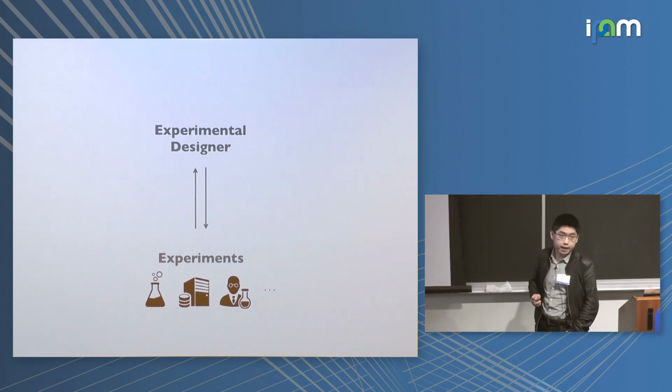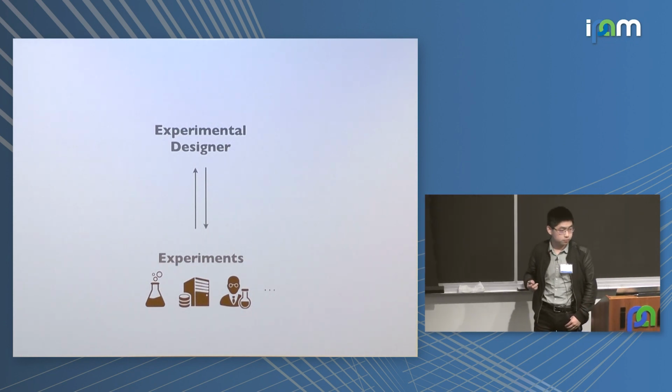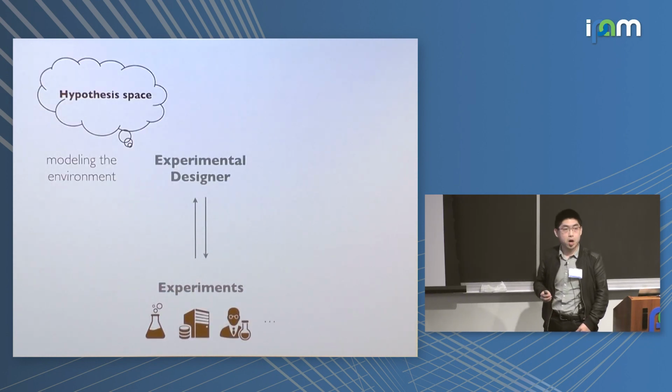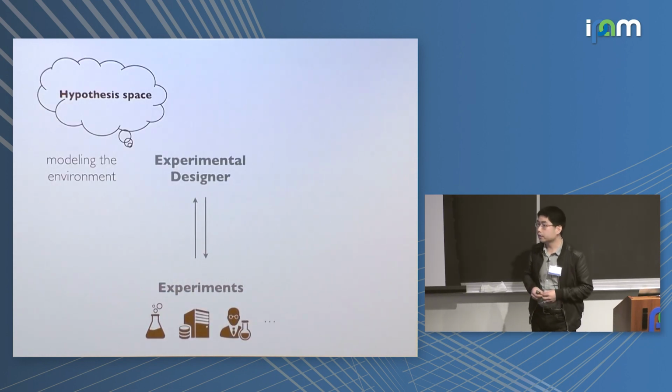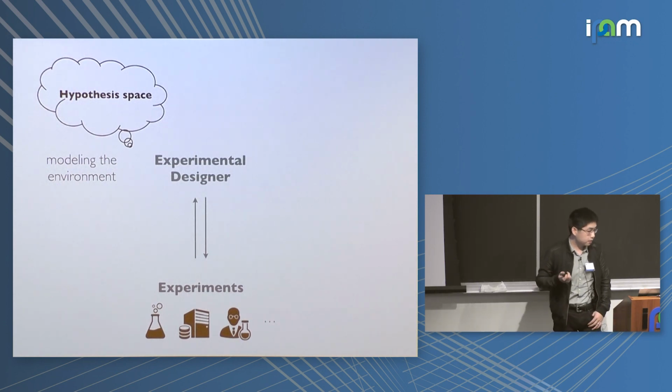So in order for the AI system to make a decision or to propose an informed decision for human experts to carry on, we first need to have some kind of model of the dynamics or the environment, which we call the hypothesis space.